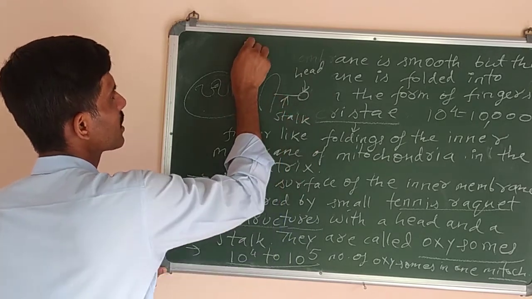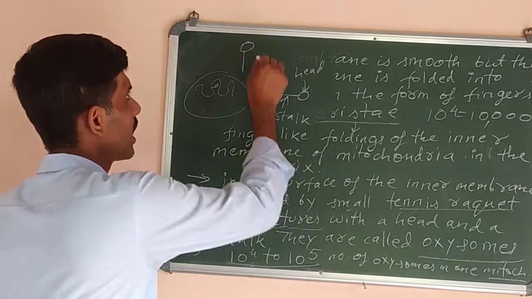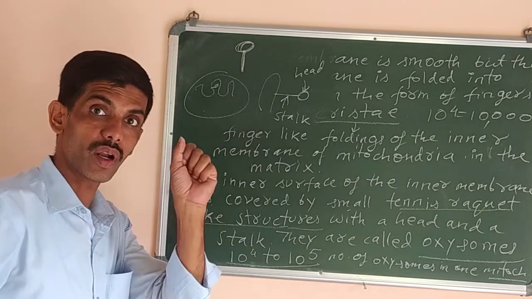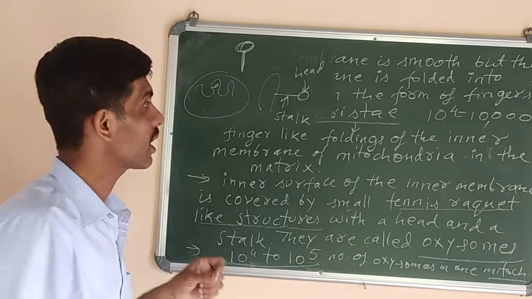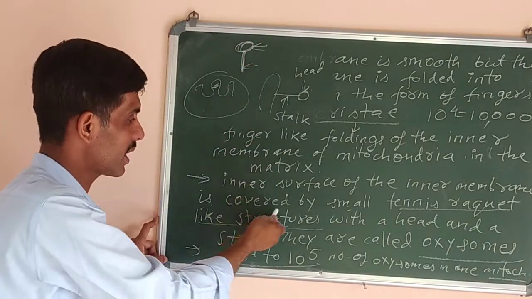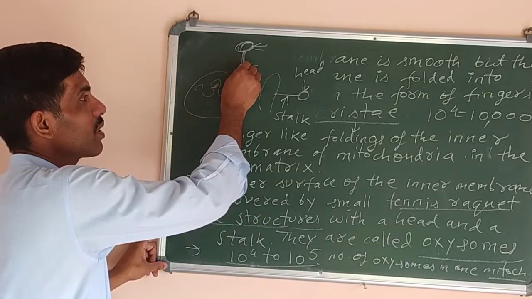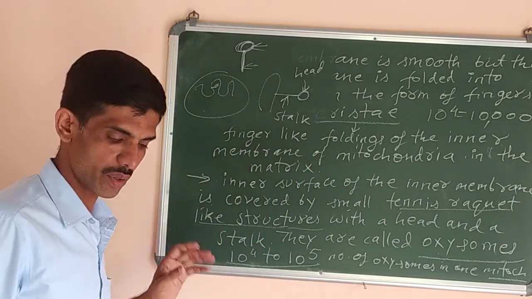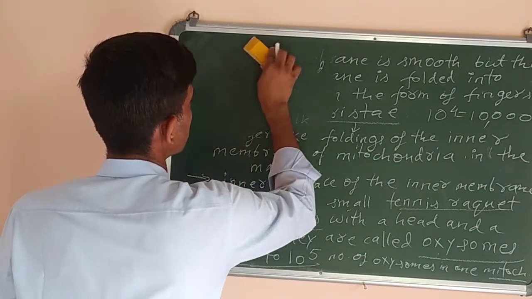They appear like a tennis racket: this is the head of the racket, and this is the stalk, the handle which you hold, like in a badminton racket. Where are they present? On the inner surface of the inner membrane of mitochondria. Got it?